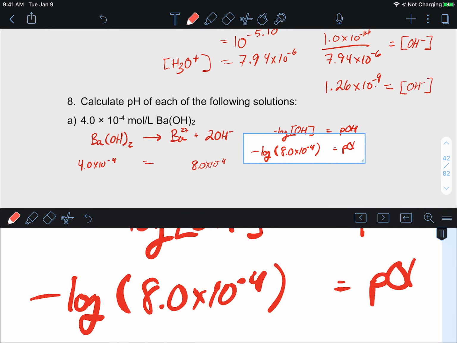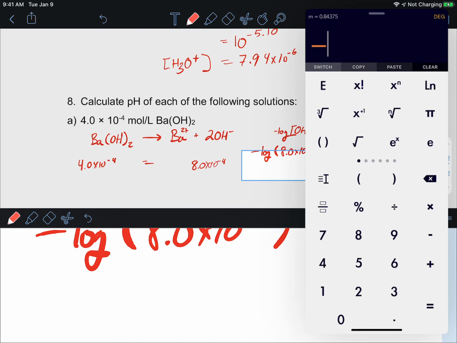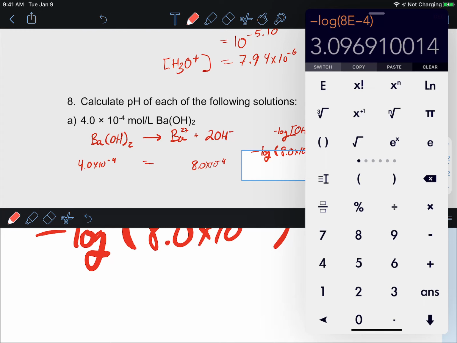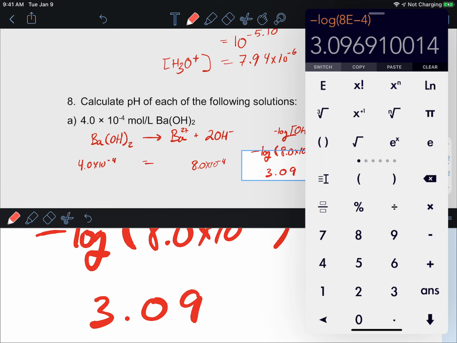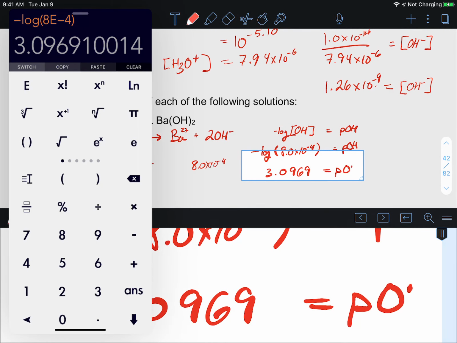Let's try that out. Negative log, oops, don't use log x, log 8e negative 4. And we get a value of 3.0969, and that is equal to pOH.